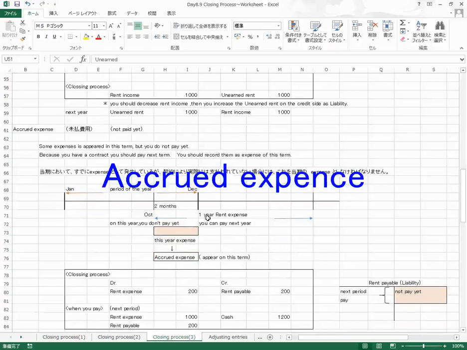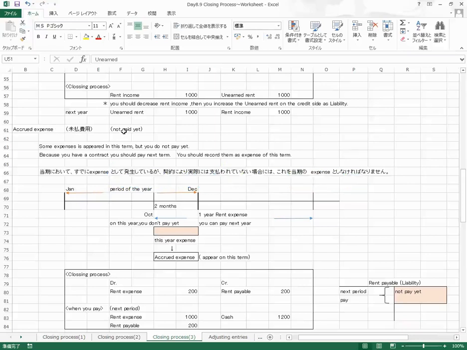Next, accrued expense. Accrued expense equals not paid yet. Accrued expense means not paid yet. Some expense appears in this term, but you do not pay yet. Because you have a contract, you should pay next term.